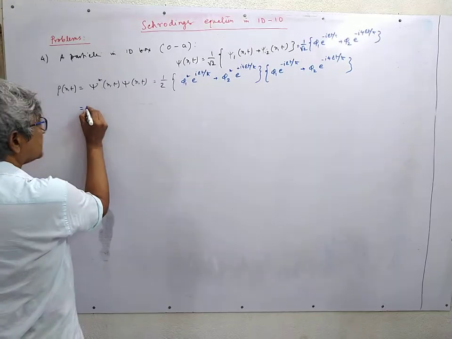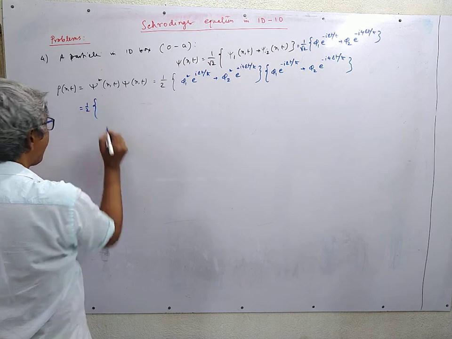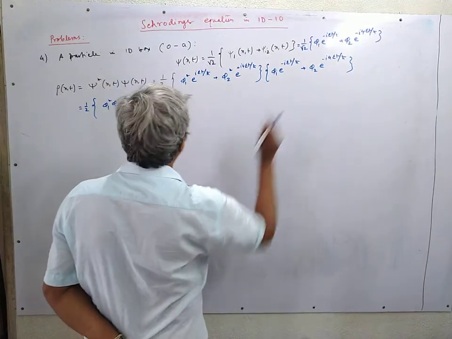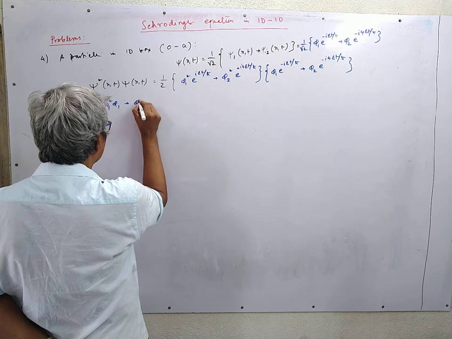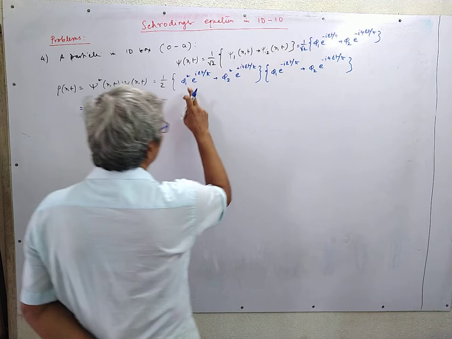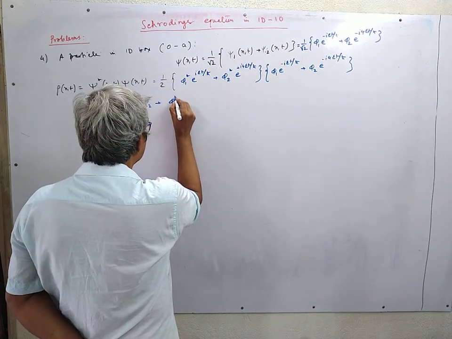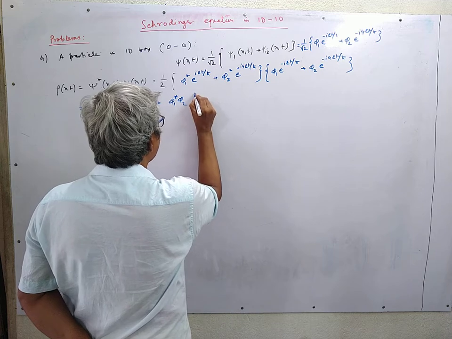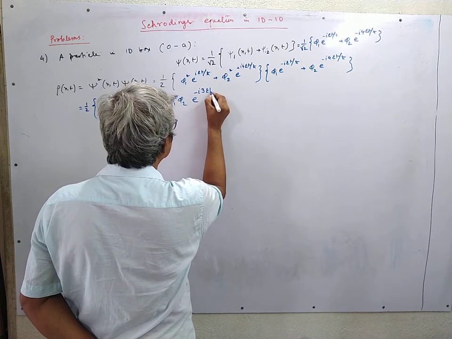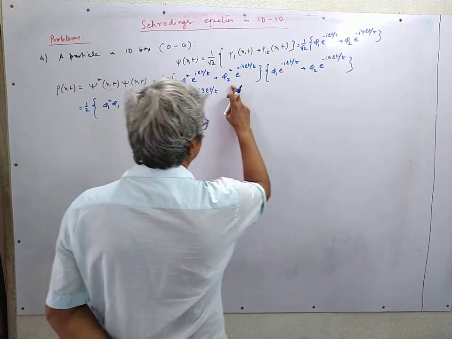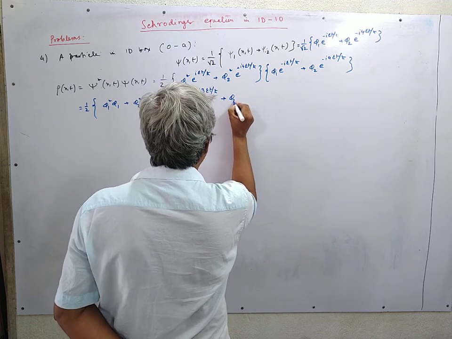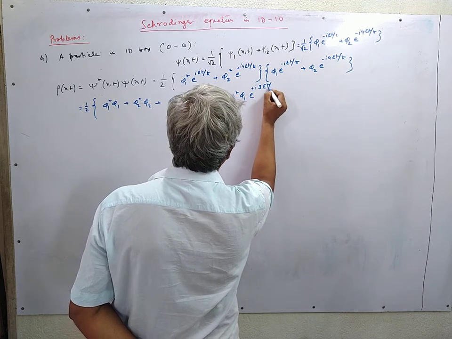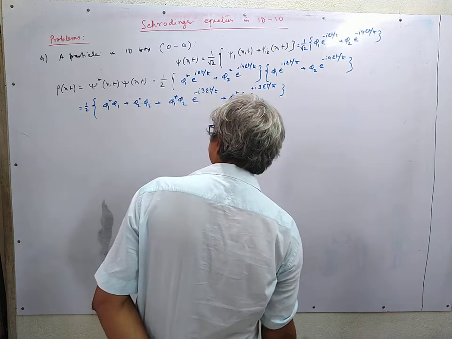If we multiply this, this is psi 1 star psi 1, then if we multiply this with this, plus when we multiply this with this, psi 1 star psi 2 e to the power this factor, and when we multiply this by this we will have psi 2 star psi 1 e to the power plus i 3 epsilon t upon h cross.